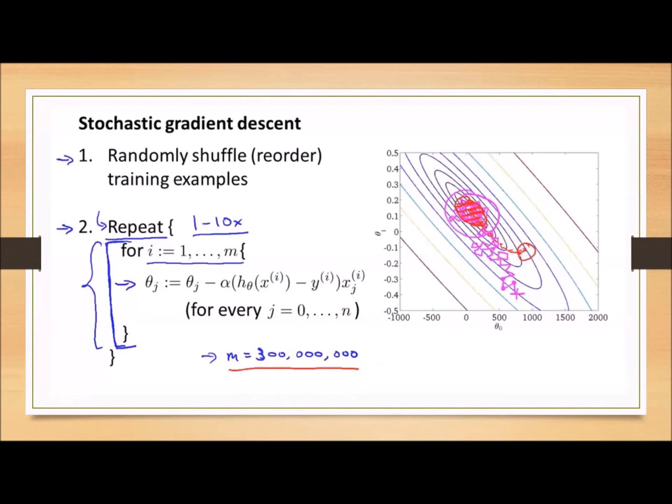We have to remember, here we are dealing with data in crores, some 30 crores of data. So we are happy even if we get the approximated minimum value. That's how stochastic gradient descent is very effective when we are dealing with data in crores of training samples.